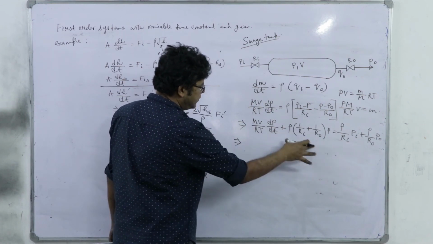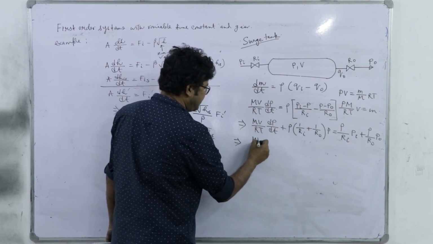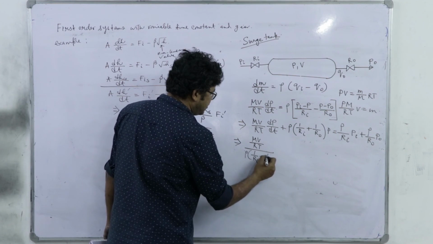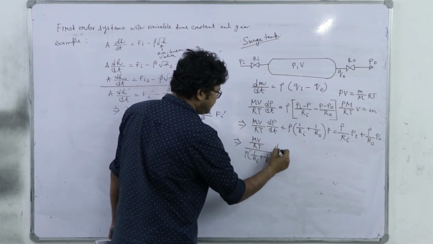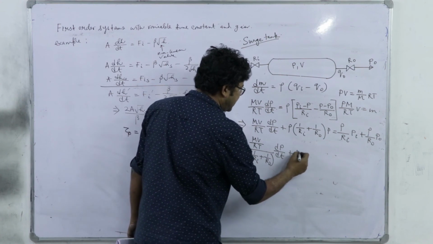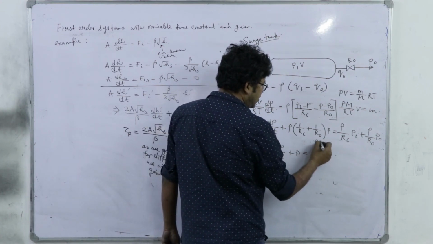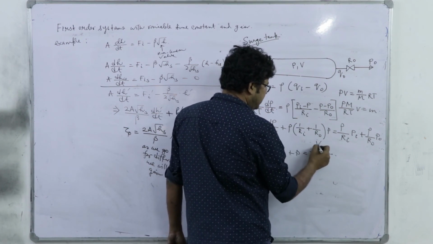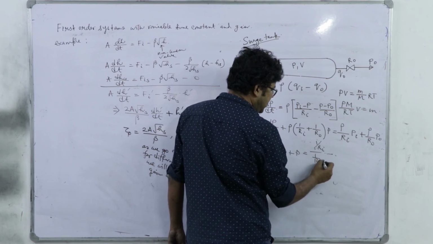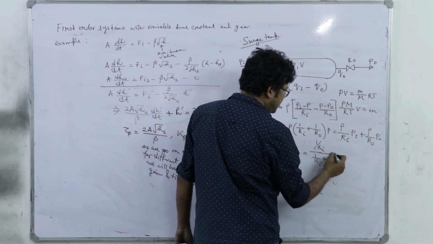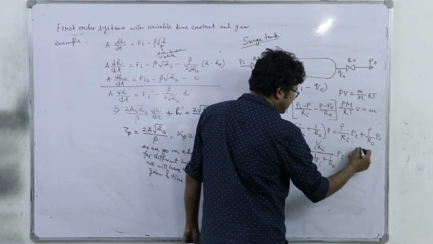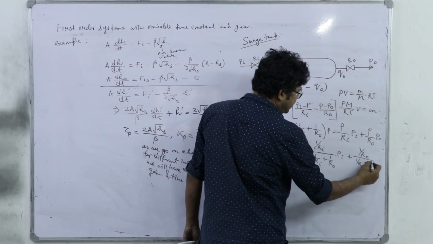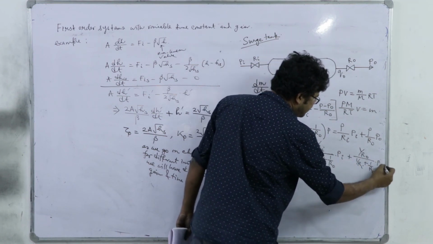So you can divide through. MV by RT rho (1 by Ri plus 1 by Ro) dP/dt plus P is equal to rho by Ri, and the total rho will cancel out, so it is (1 by Ri) over (1 by Ri plus 1 by Ro) into Pi plus (1 by Ro) over (1 by Ri plus 1 by Ro) into Po, right.